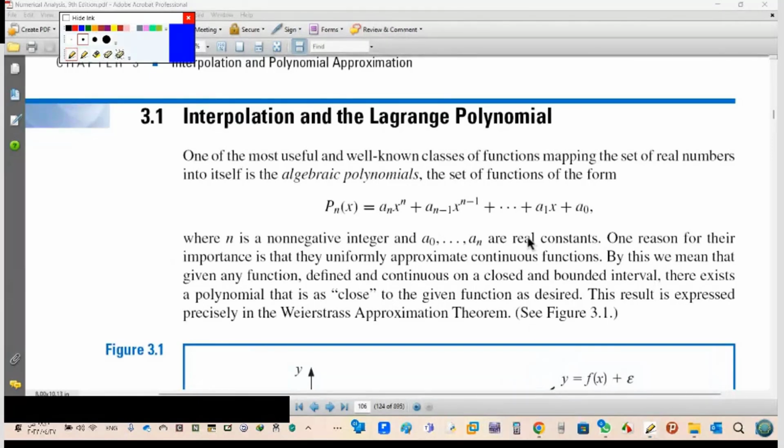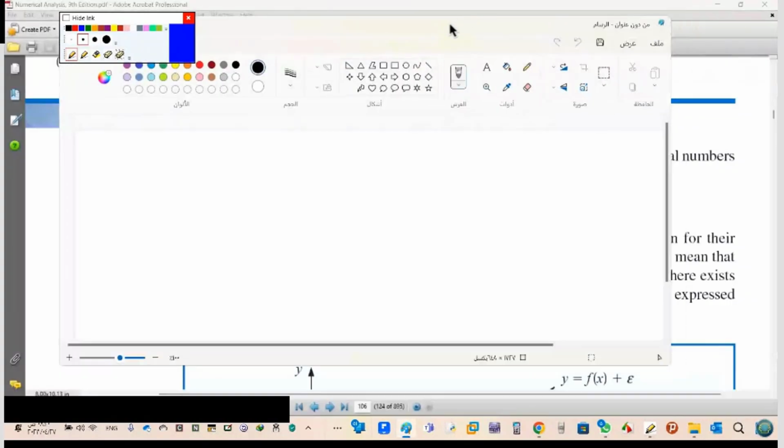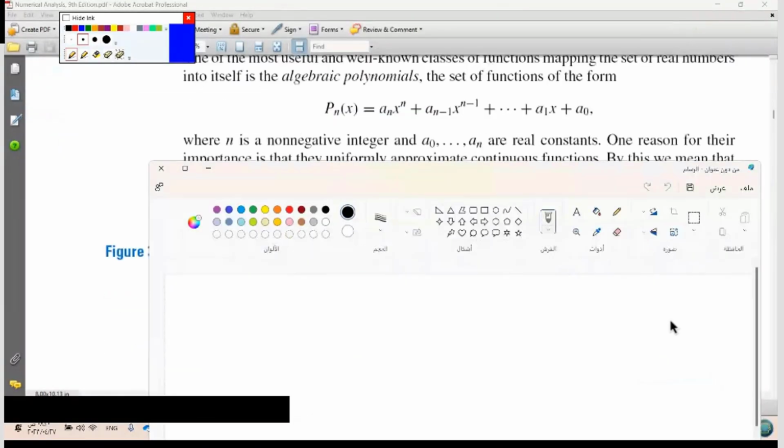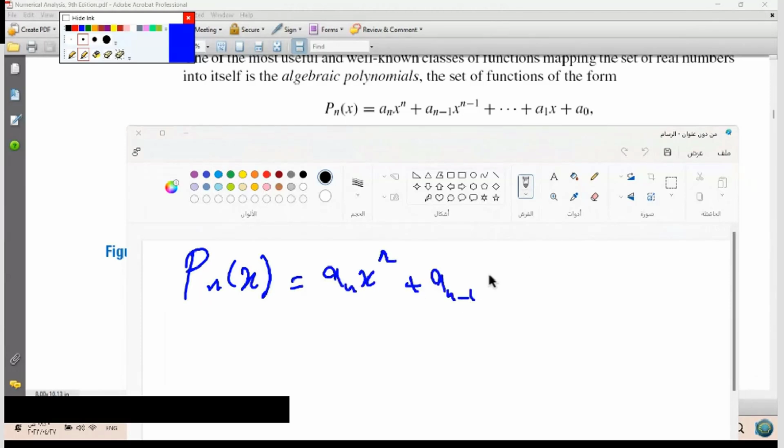Let's focus on this formula: Pn(x) is an x^n plus a(n-1) x^(n-1) plus ... plus a1 x plus a0.